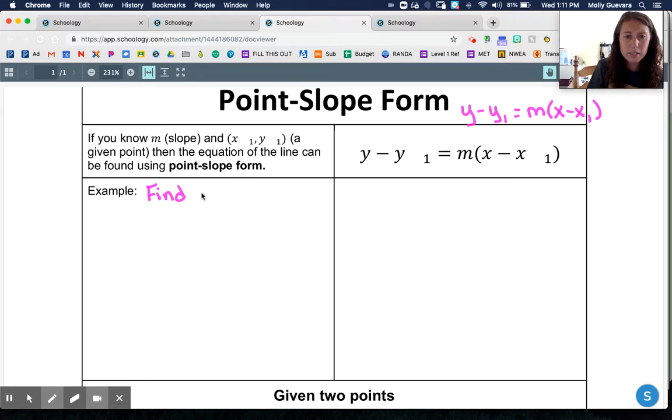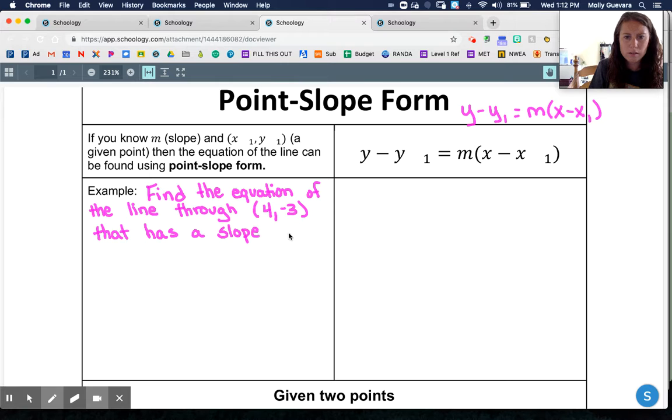And the example is: find the equation of the line through the point 4, -3 that has a slope of -2.